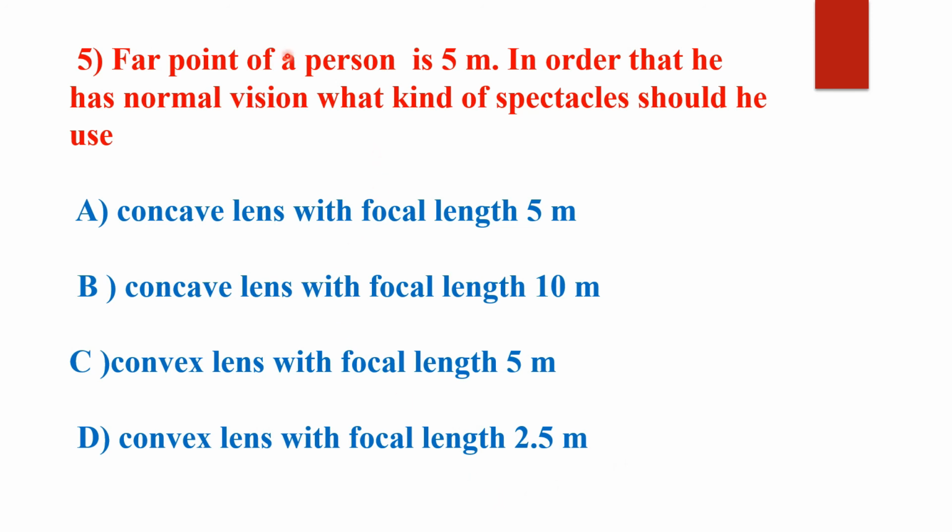Here, the far point of a person is 5 meters. In order that he has normal vision, he has to use a concave lens with focal length 5 meters. So option A is correct.